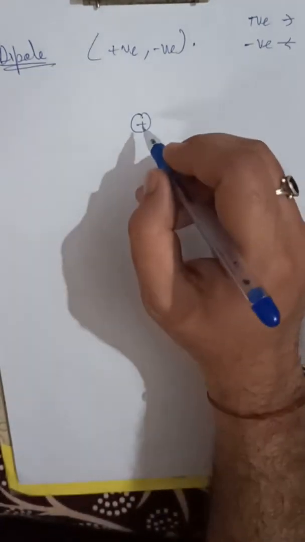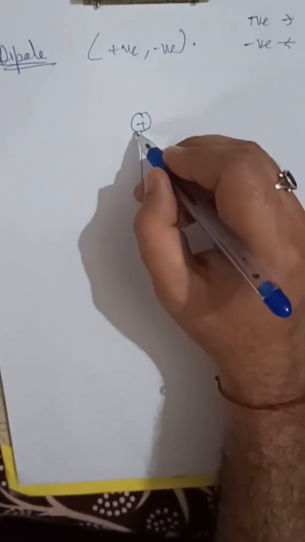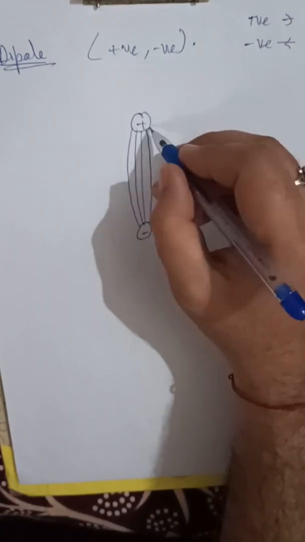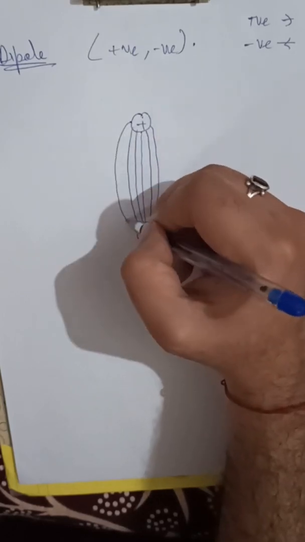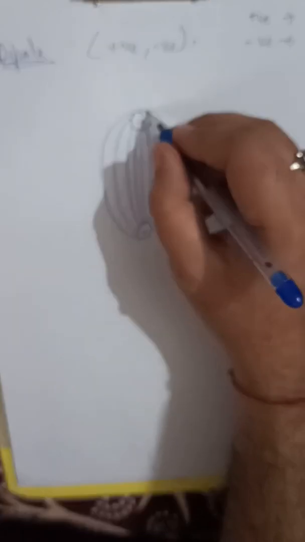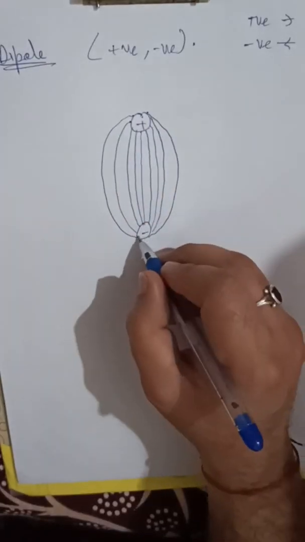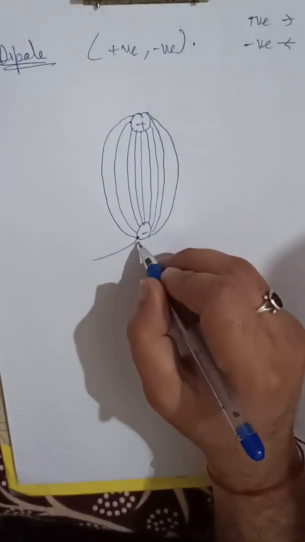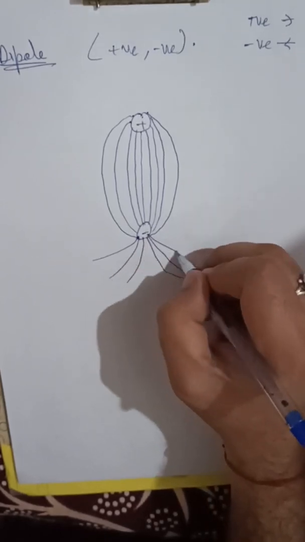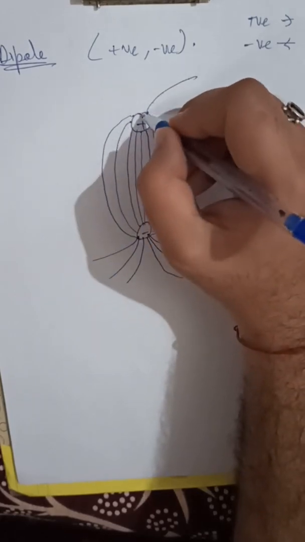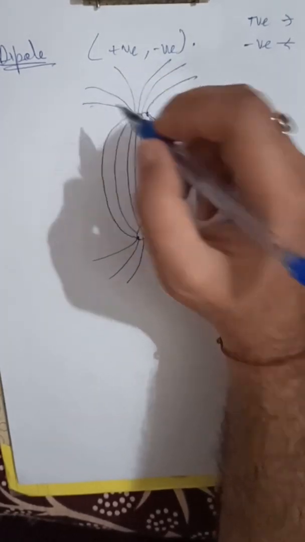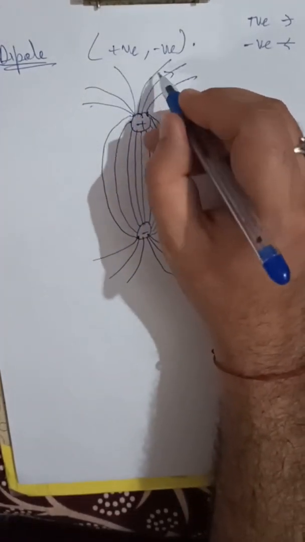Therefore this will come as, for positive, these are outward.